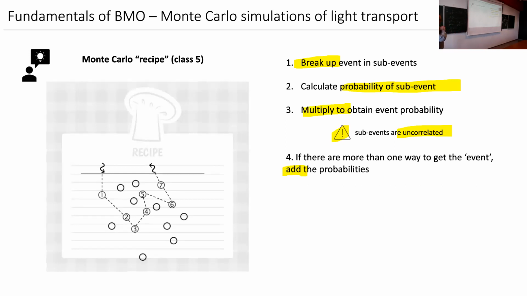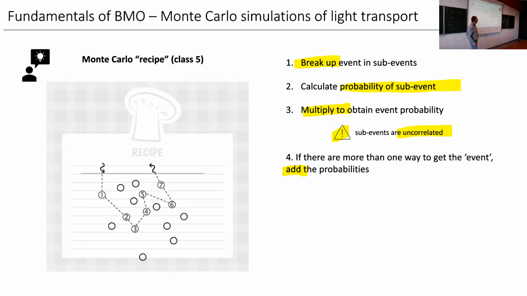Then the next topic is Monte Carlo simulations. What I want you to know is the basic recipe for calculating the probability of such a photon path. Meaning that you break it up in sub-events. In this case, that would be the step size, scattering event, redirection into another direction, step size again, scattering event.